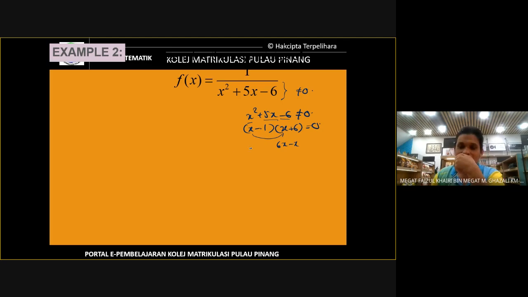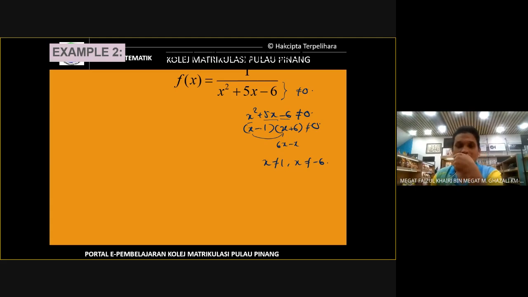So here, x cannot be equal to 1 and x cannot be equal to -6.